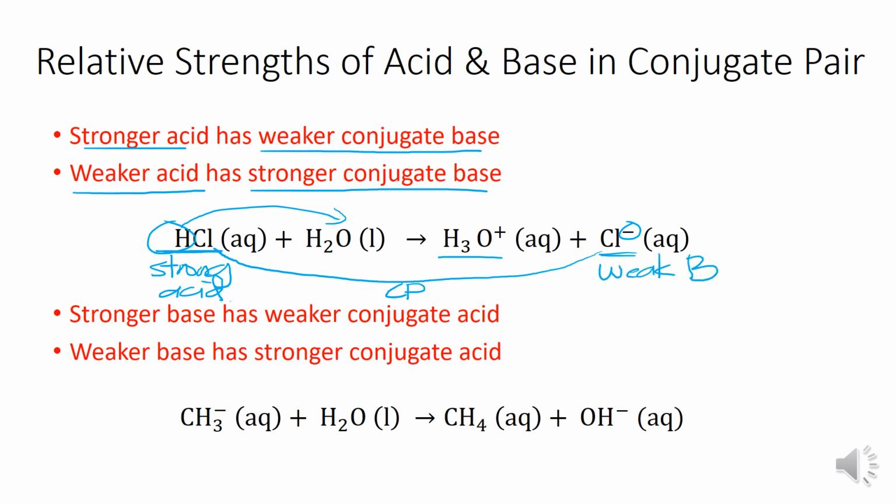So strong acid, weak base. In the same manner, a stronger base has a weaker conjugate acid, and a weaker base will produce a stronger conjugate acid. For example, we again have here methyl. Methyl is a strong base.